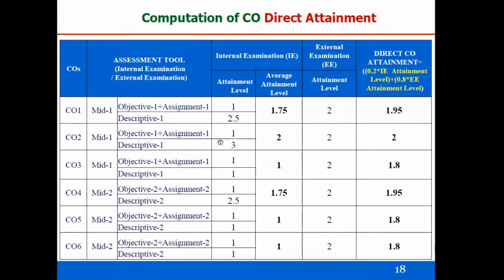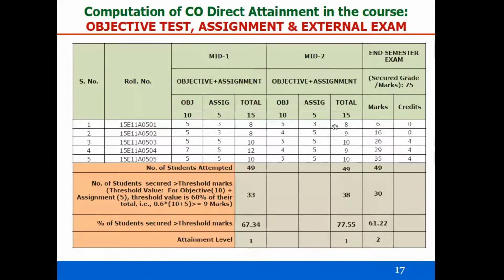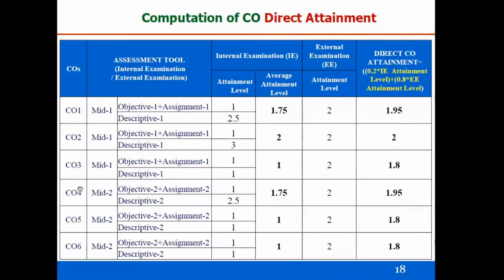Then similarly for mid 2 you have to include it. For mid 2 the attainment level is 1. So for objective 2 plus assignment 2, we have to consider 1 only for the COs related to mid 2. The COs related to mid 2 are CO4, CO5, CO6. Now for CO4 objective 2 plus assignment 2, here also we are getting level 1, so 1 only is considered.